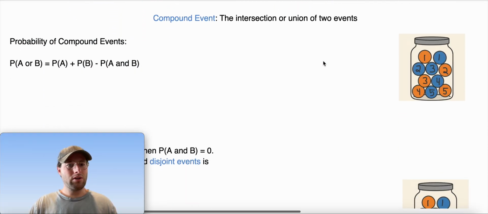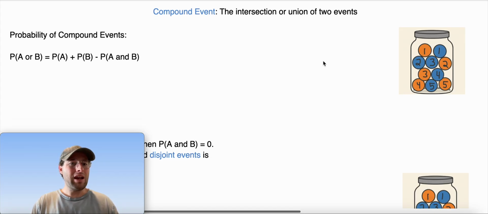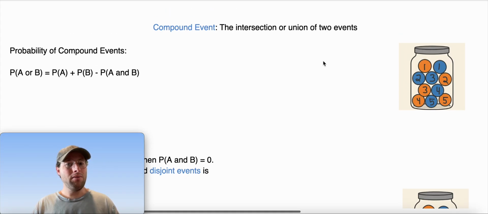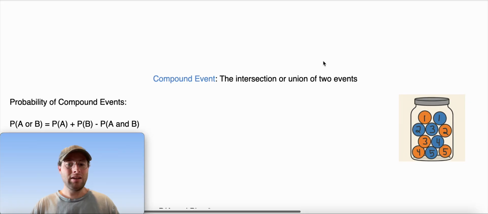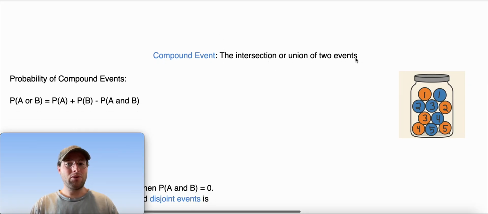So let's look at a little example and also look at how we can write the probability of compound events in symbolized form. One thing I would like to point out is that it kind of bothers me a little bit in the textbooks that they teach it this way. When you see probability of compound events, they typically give you the formula for calculating the probability of A or B, but we should keep in mind that a compound event is the intersection or union of two events.